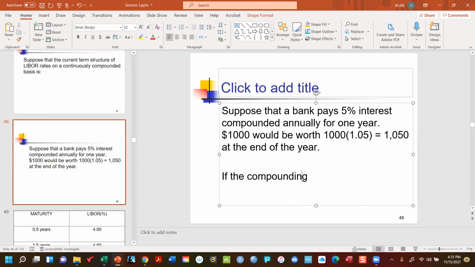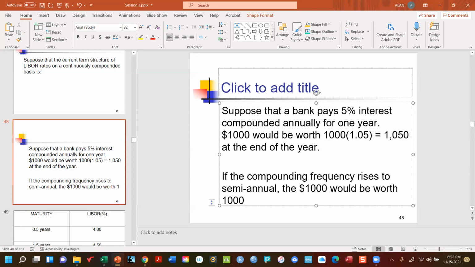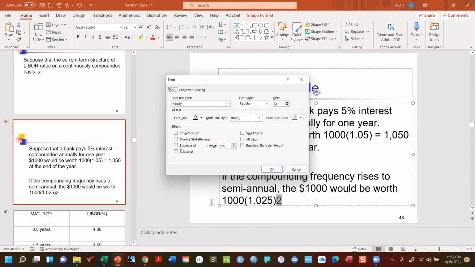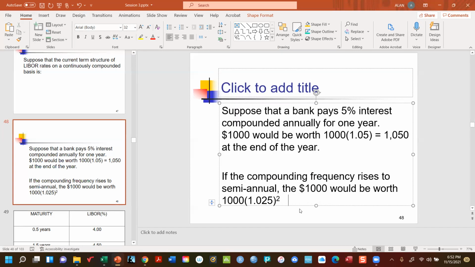If the compounding frequency rises to semi-annual, $1,000 would be worth 1,000 times 1.025 squared, and that equals about 1,050.625.